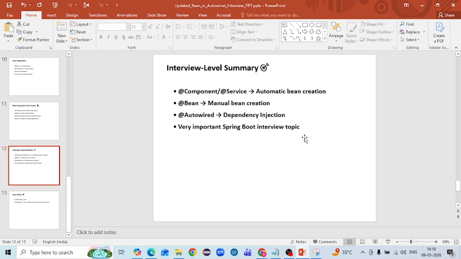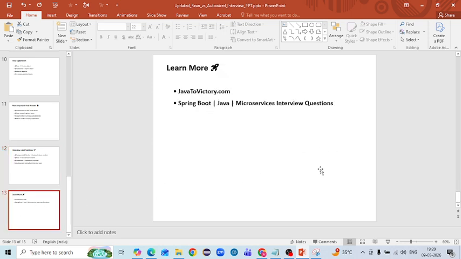But for some third-party classes, automatic bean creation is not happening, as they are not in the scope of the Spring context. For those third-party libraries or classes, we need @Bean to create the bean manually. After creating the bean, we use @Autowired to inject it wherever we require that bean. I hope you understand the concept.